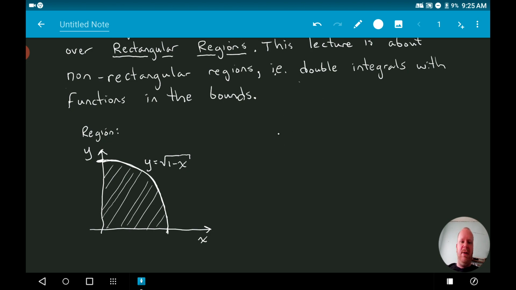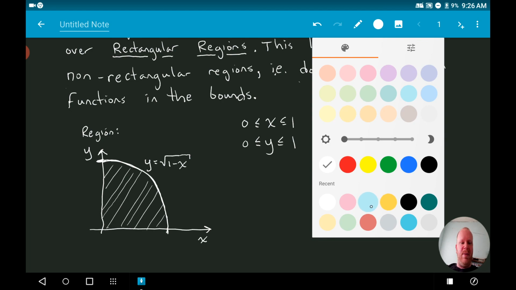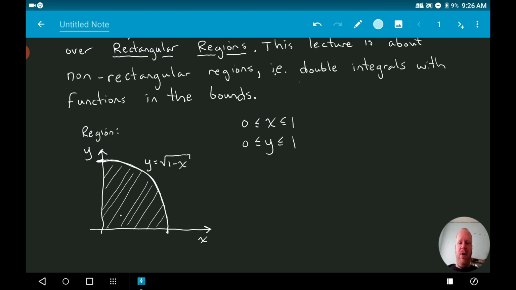One first attempt at this might be to say that x is in between 0 and 1, which is true, and y is in between 0 and 1, which is also true. But just because these are both true, just like when we were setting up the domain of a function, we only want to talk about this region underneath the curve right here.